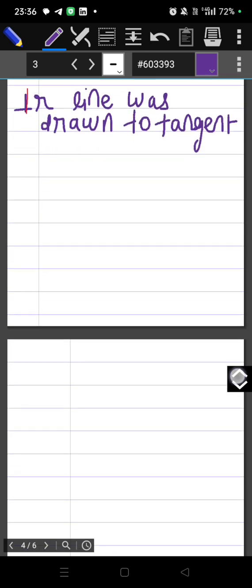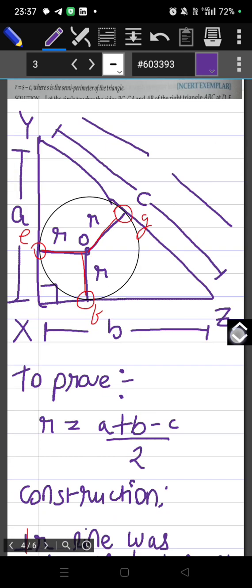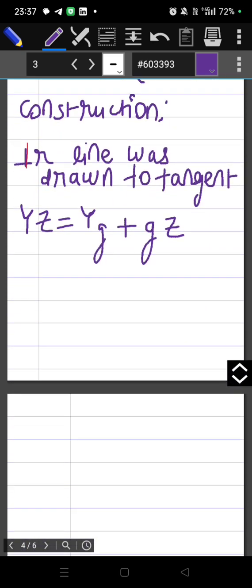So YZ will be YG plus GZ. Okay, so now what is our YZ? Our YZ is C. So C equals YG plus GZ.